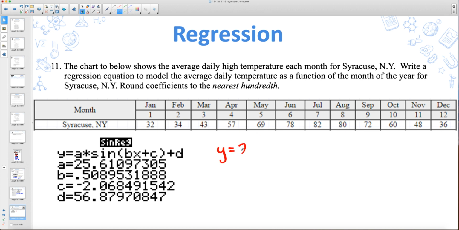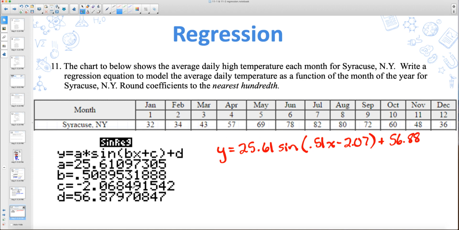So y equals 25.61 sine of 0.51 x minus 2.07 plus 56.88. And that's rounded everything to the nearest hundredth.